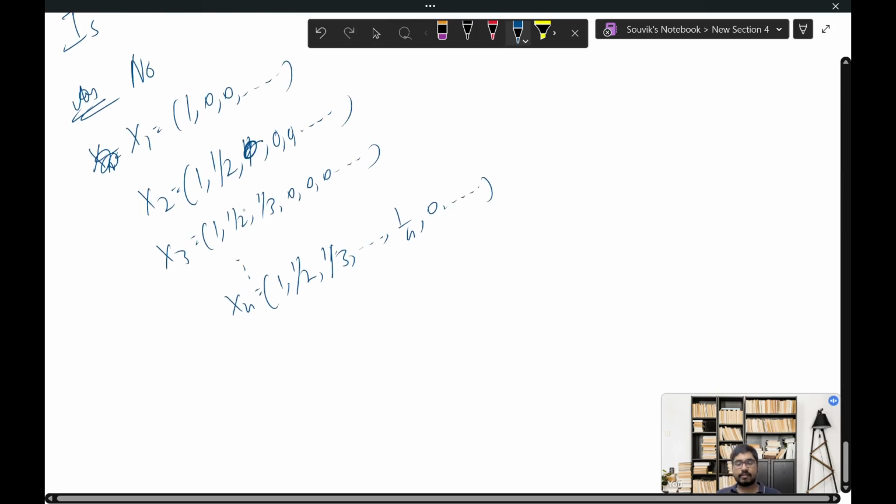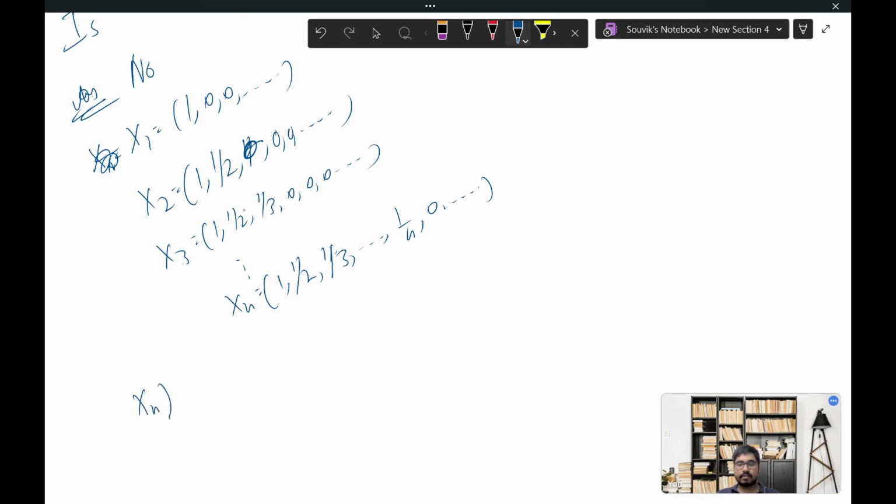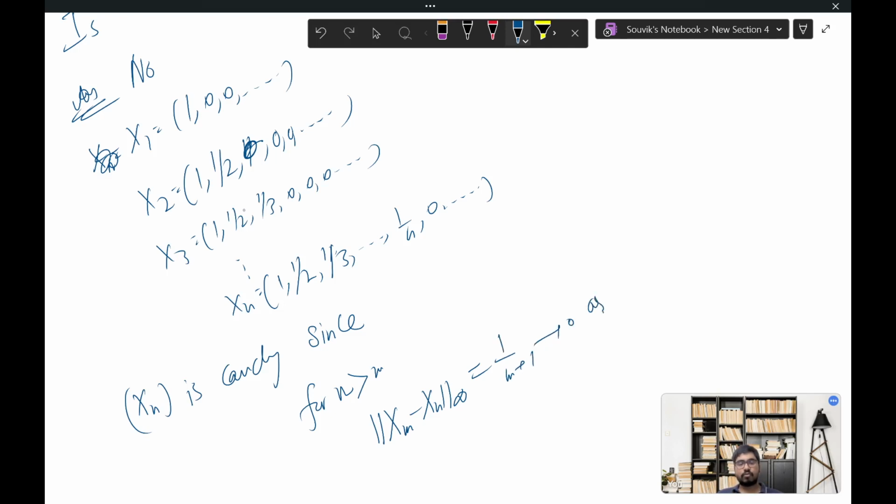Then the point is that the sequence xn is Cauchy, since for n greater than m, the norm of xn minus xm is at most 1 by m plus 1, which goes to 0 as m goes to infinity.